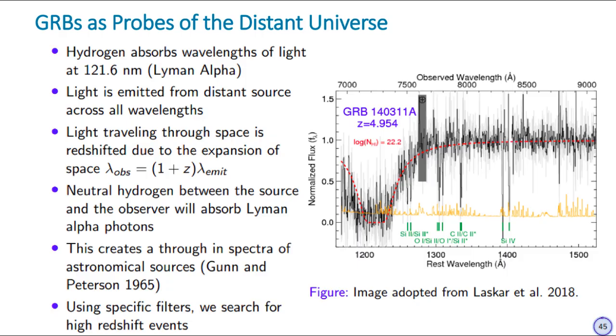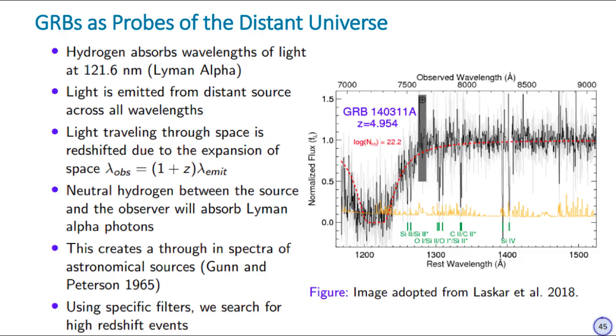So the breakdown for this is that hydrogen absorbs wavelengths for one of its absorption line features, Lyman alpha, at 121.6 nanometers. So any light that hits a neutral hydrogen at that wavelength range will be absorbed, and you won't detect that wavelength of light coming from your source.